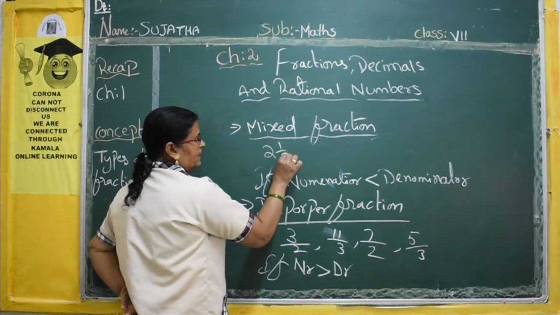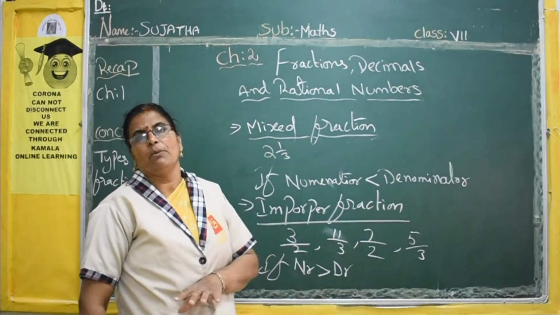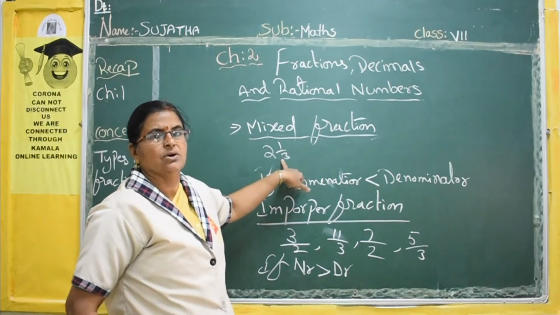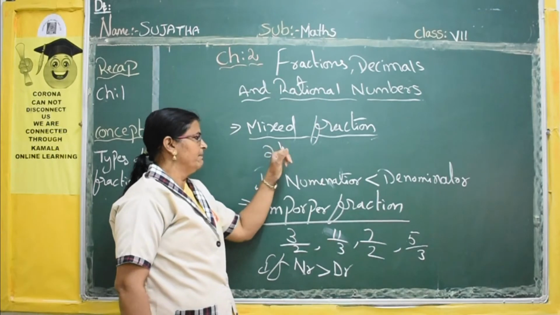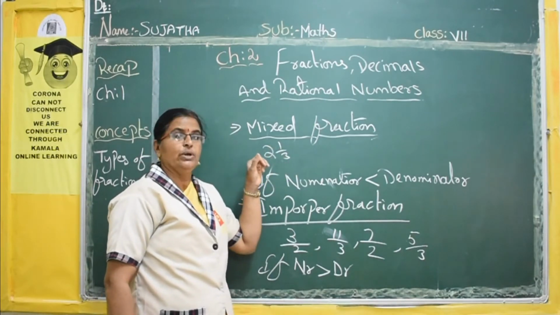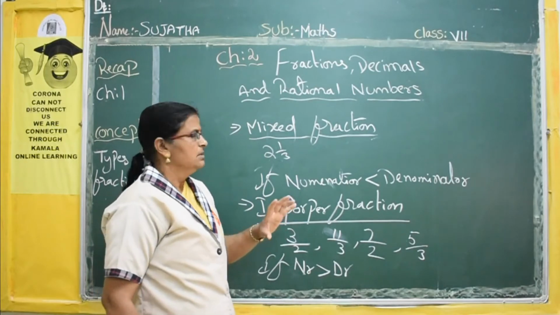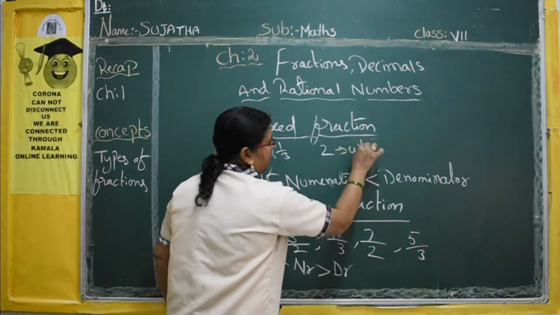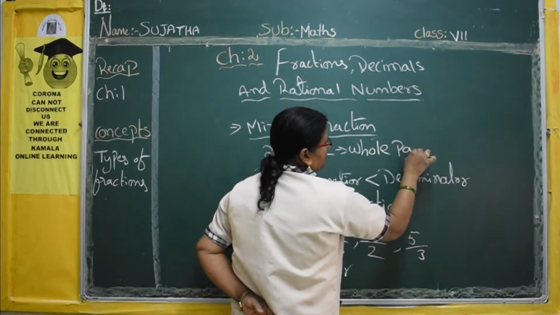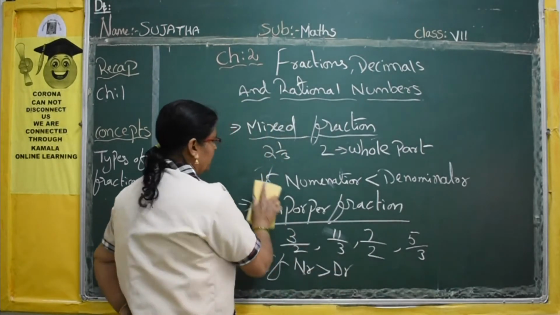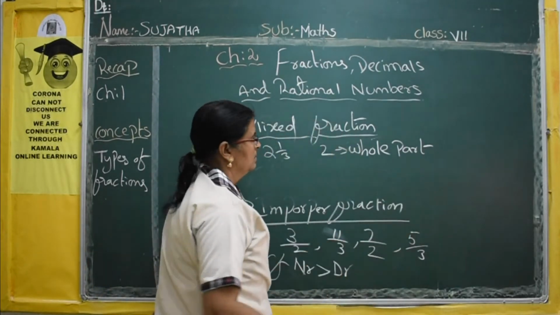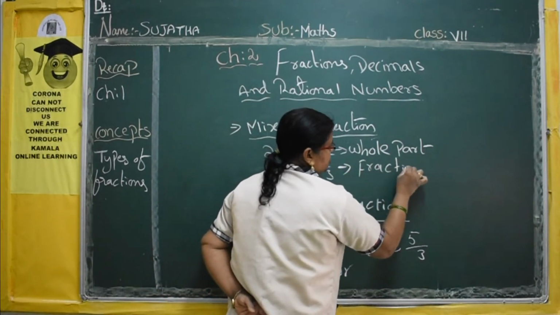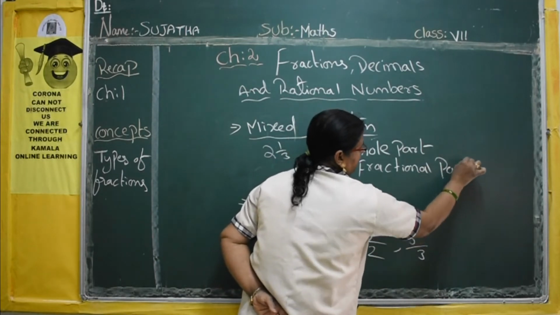For example, 2 1 by 3. 2 1 by 3 is a mixed fraction. 2 is called a whole part and 1 by 3 is called a fractional part. 1 by 3 is a proper fraction and 2 is a whole number.